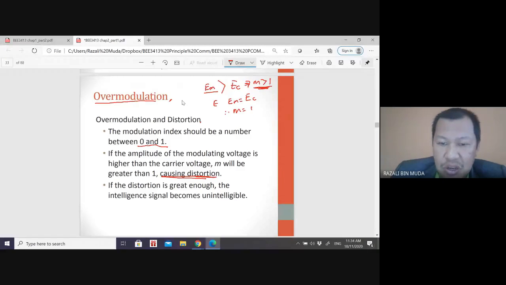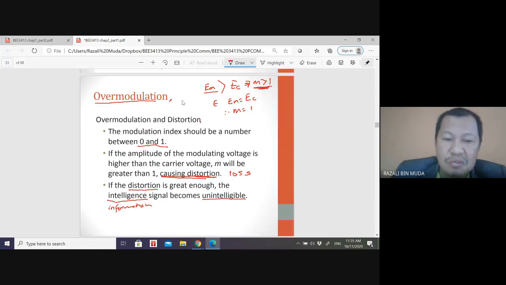Okay, distortion, loss. If the distortion is great enough, the intelligent signal becomes unintelligible. What does that mean? If distortion is too much, then the information signal becomes unintelligible.